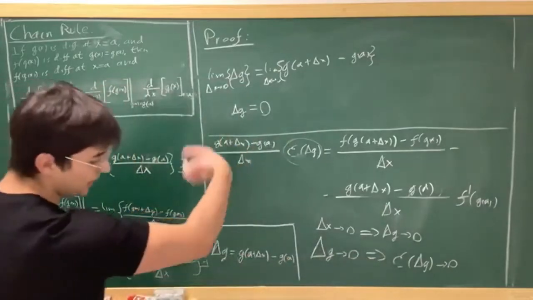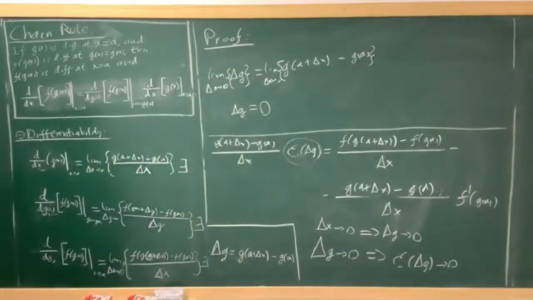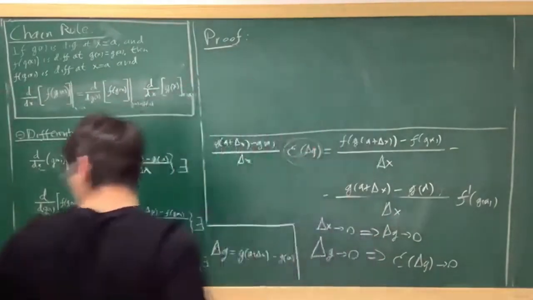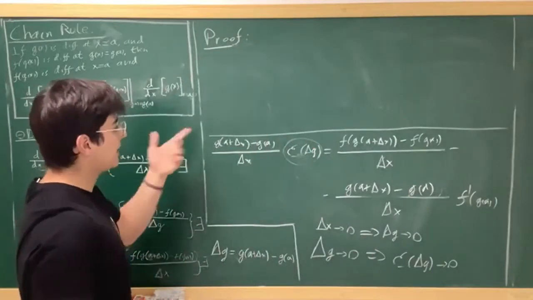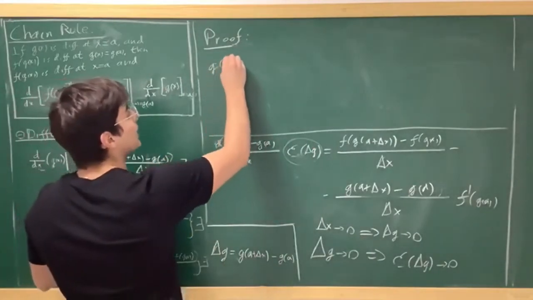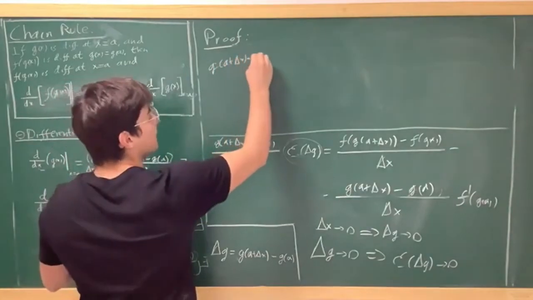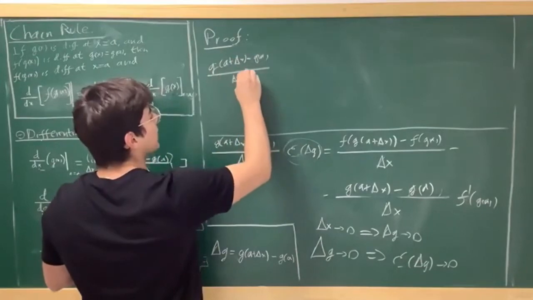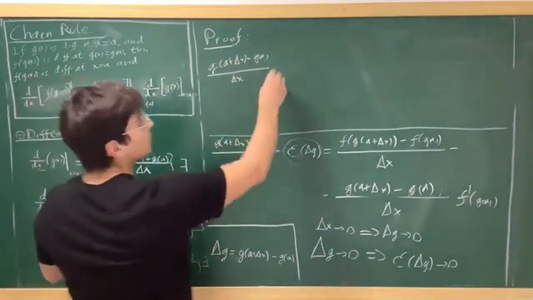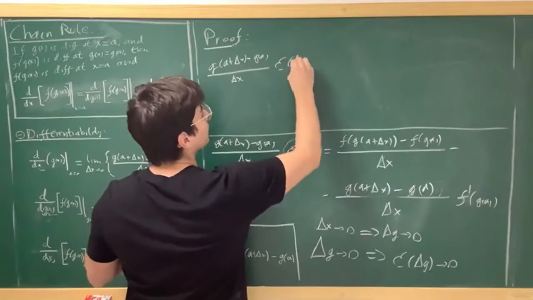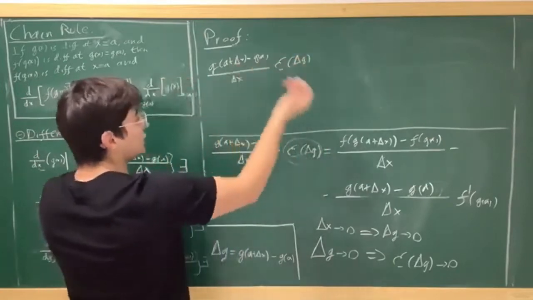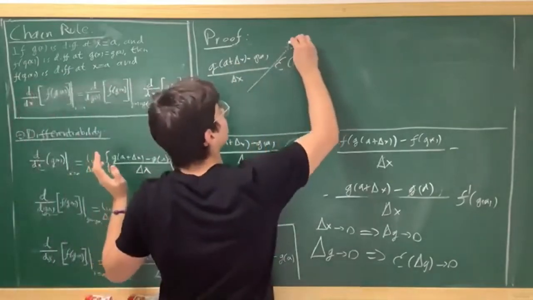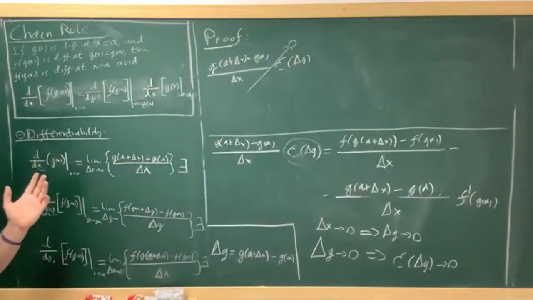So if we just take the limit when the increment in x goes to 0 of all of these, we get that g of a plus my increment in x minus g of a over my increment in x, well, if we take the limit, this goes to 0, this is finite, so all of this just goes to 0, okay?